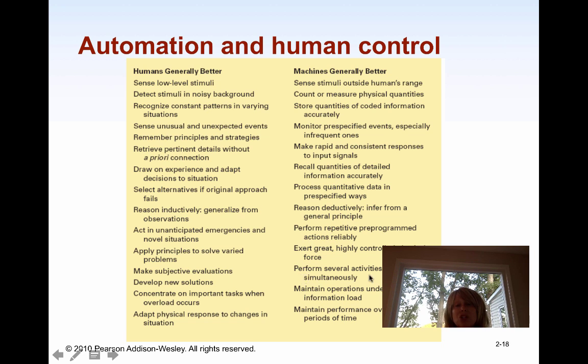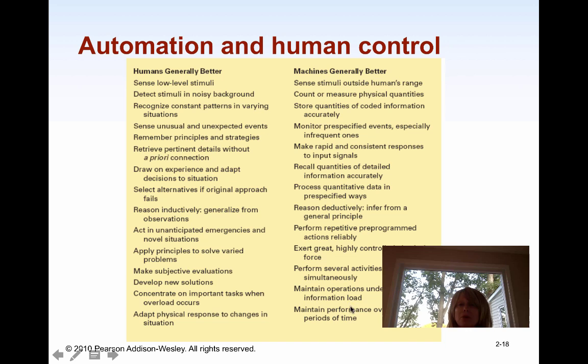Computers are able to do several tasks simultaneously. People sort of can do several tasks simultaneously. We multitask, but our multitasking means that something else is being put by the side. We concentrate on important tasks when overload occurs. The computer doesn't know what is more important than something else.